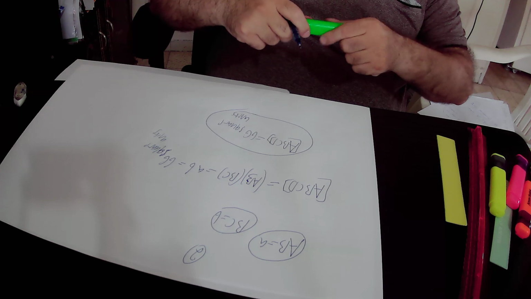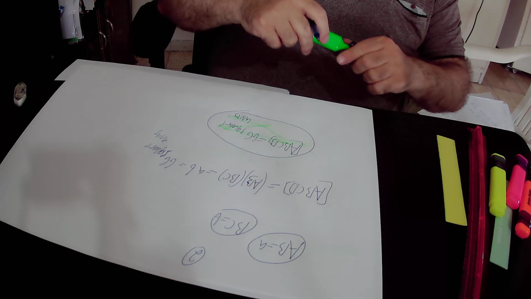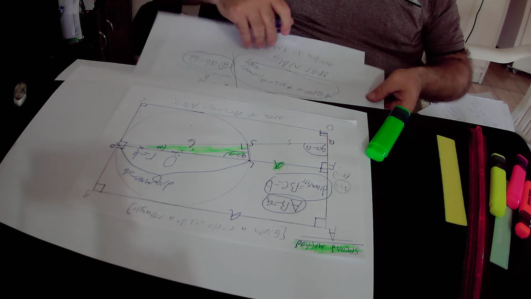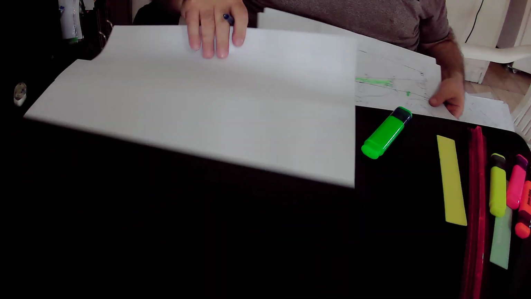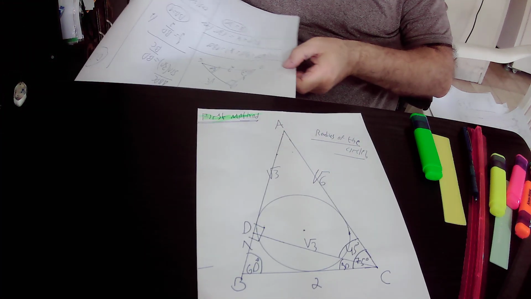We'll start with the first question, of course. So in the drawing we have triangle ABC.